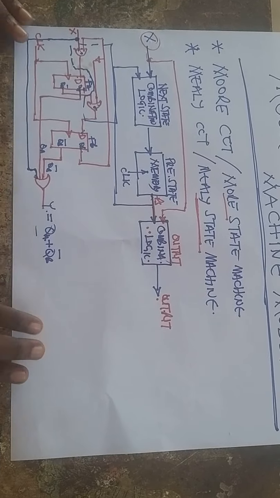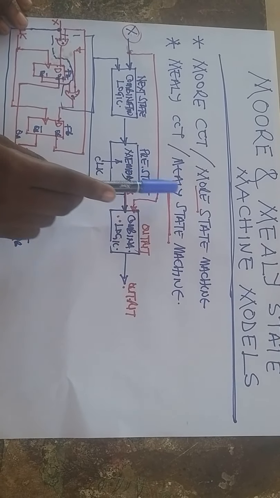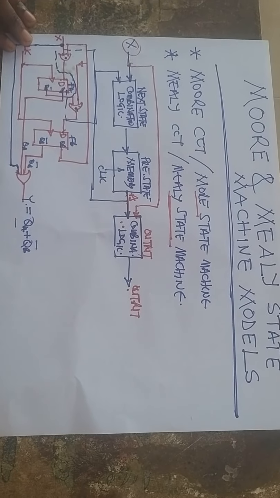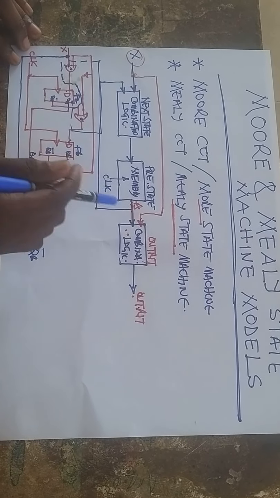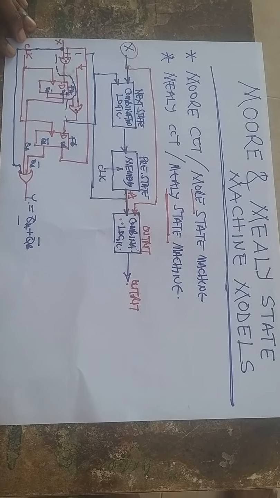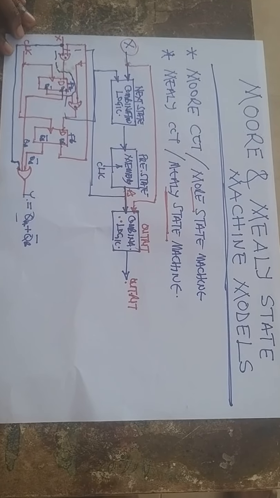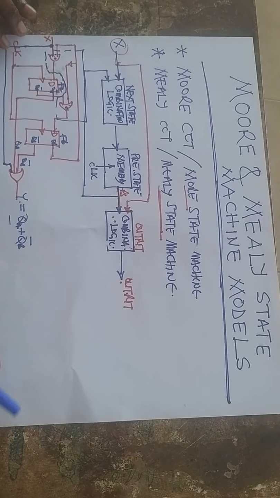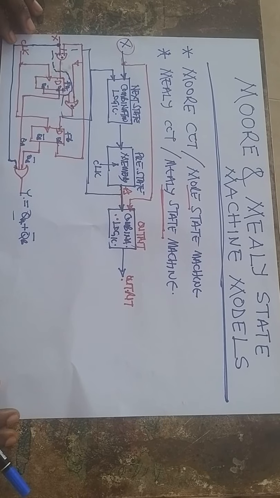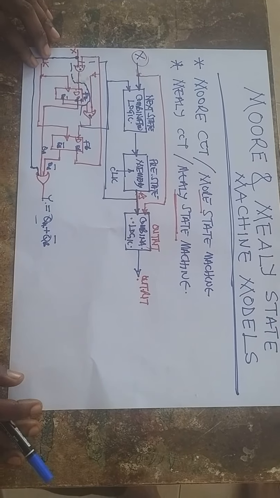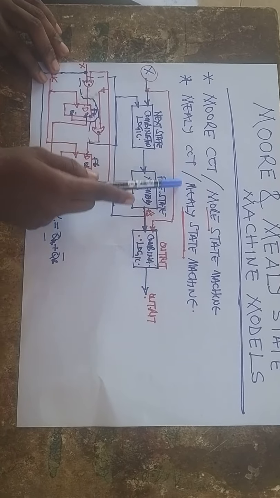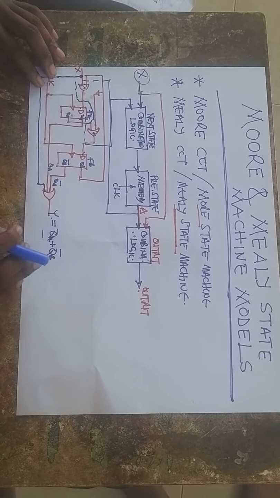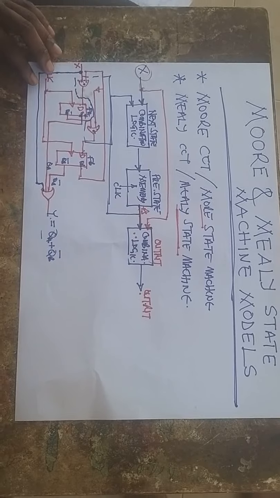So that is the difference between the Mealy and the Moore state machine. In designing, be very careful which of the modeling you are using, so that you will be able to come out with a very good design. But basically, your design will follow either a Mealy state machine or a Moore state machine.